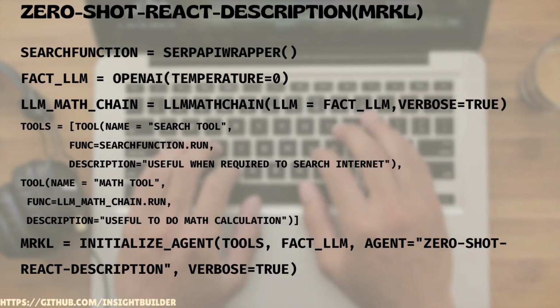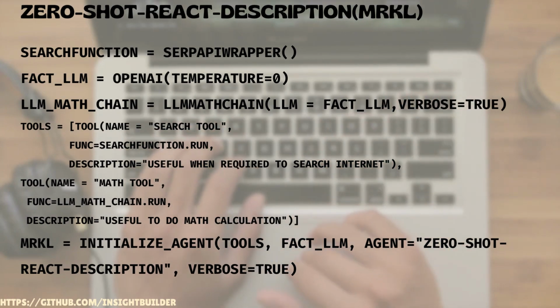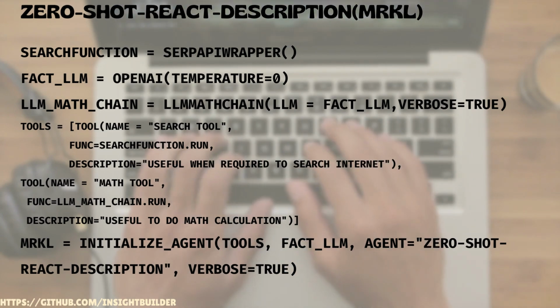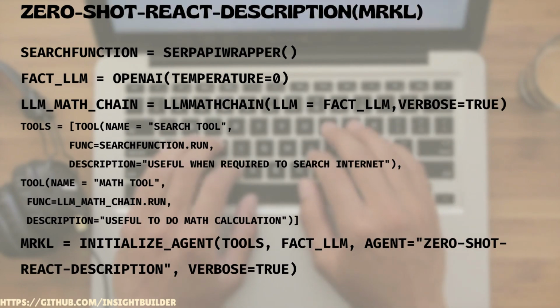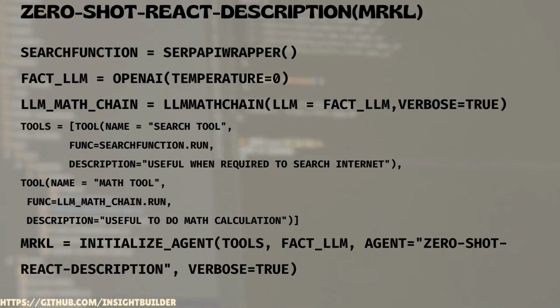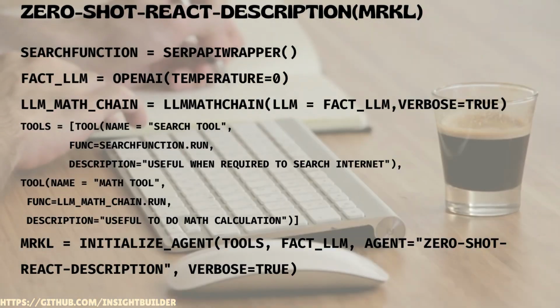We use the tools, we use the LLM. In this LLM, we are using the fact LLM, and then we will use the agent as zero shot React description. And finally, we are setting verbose equal to true so that we can understand what the agent is doing. All these activities are a jam-packed function.